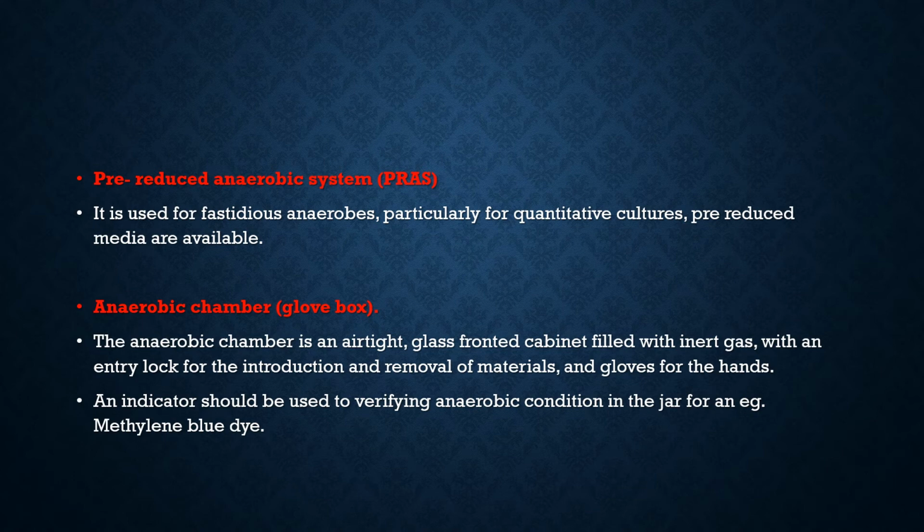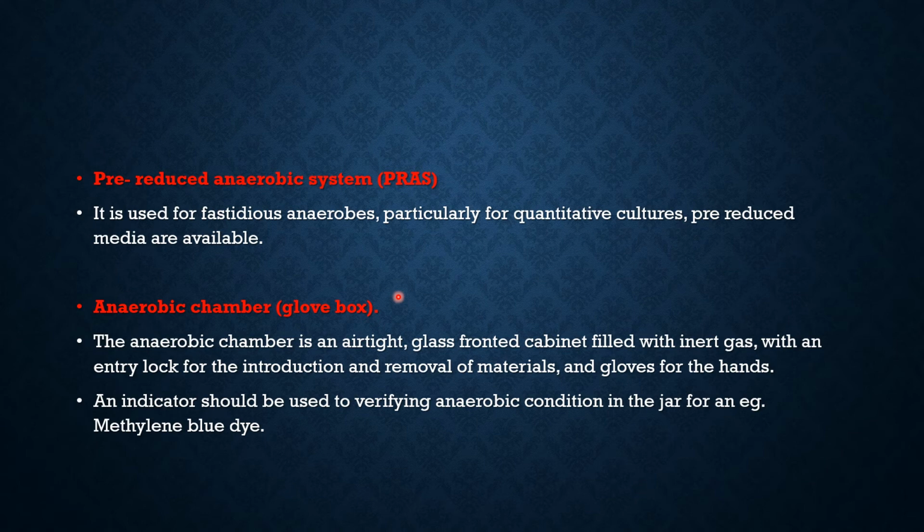Next method is the pre-reduced anaerobic system, that is known as PRAS. It is used for fastidious anaerobes which have some special requirements, and particularly for quantitative culture, and pre-reduced media are available. Next is the anaerobic chamber.